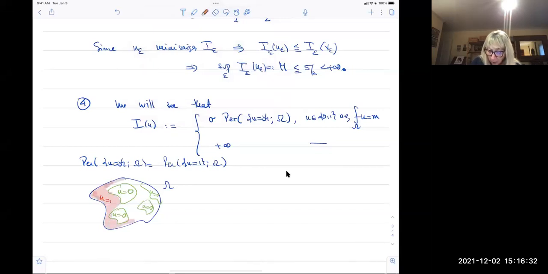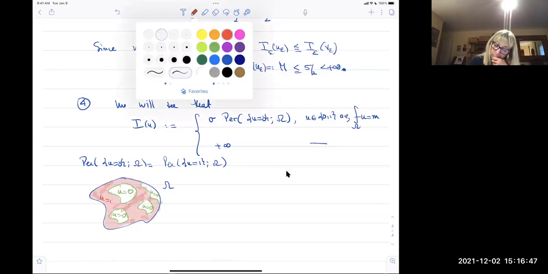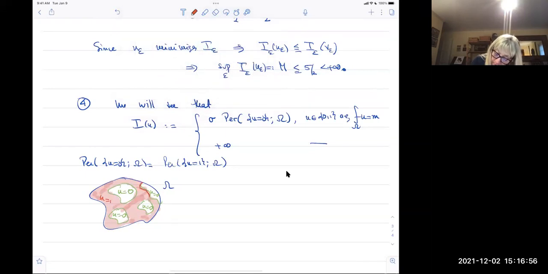Then I'm going to count the perimeter where u equal to 0 inside omega does not see the boundary of the container. So it's going to look, let me use purple, for example, or actually this looks like a red. So it's going to look like this, like that. So it's basically the length, the surface area. But you see, you don't count this part of the container, which would be part of the perimeter.